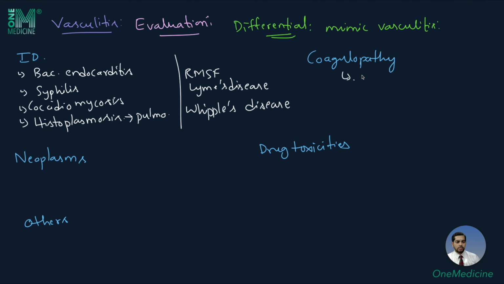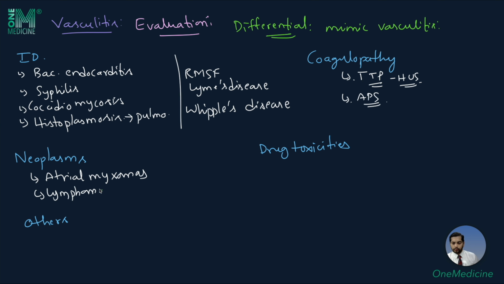Coagulopathies and angiopathies include thrombotic thrombocytopenic purpura, HUS syndrome, hemolytic uremic syndrome, antiphospholipid syndrome. Neoplasms include atrial myxomas, lymphomas, and carcinomatosis.